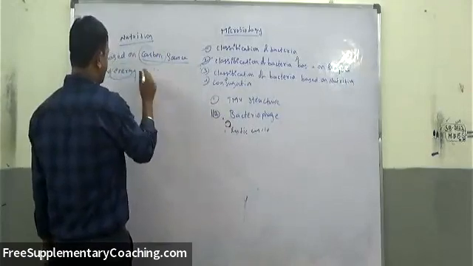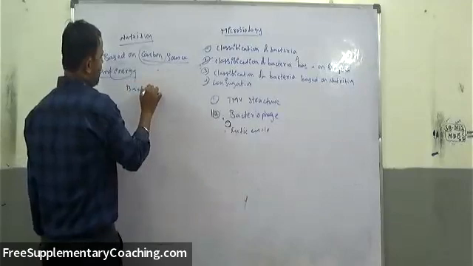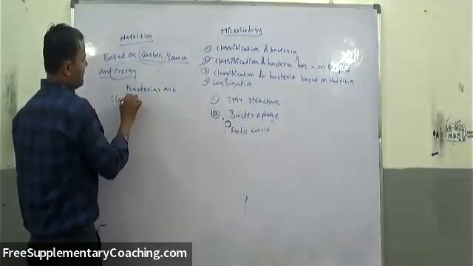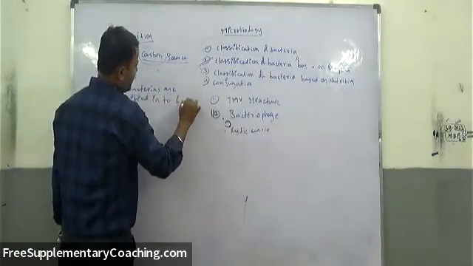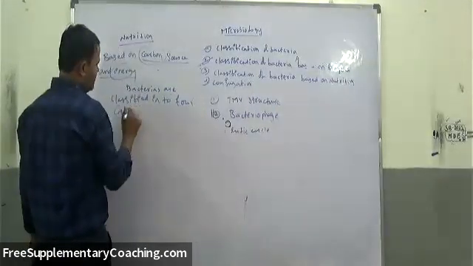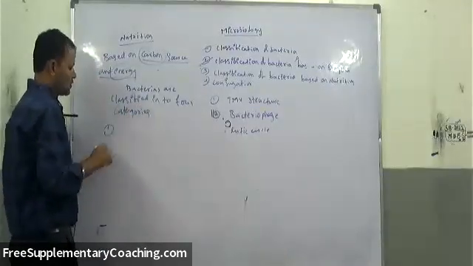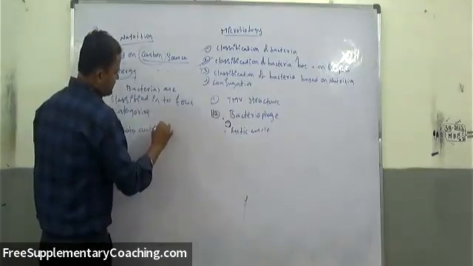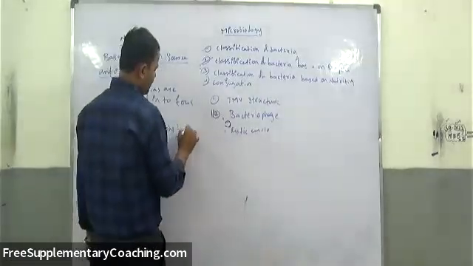Based on this character, bacteria are classified into 4 categories. First one, photoautotrophs. Examples: Chlorobium and Chromatium.